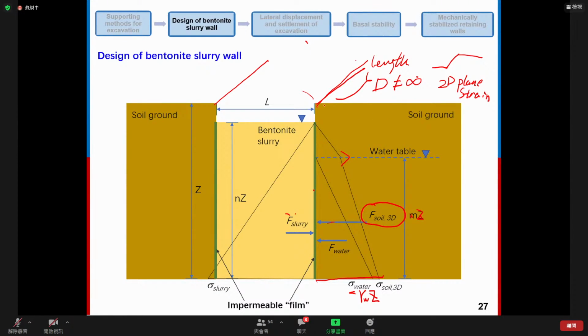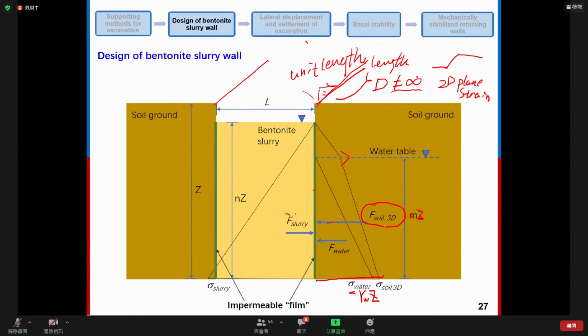So in this condition, we can take the unit length. We can consider this one equal to 1 and do the analysis. However, for the excavation problem, this one cannot be treated as plane strain condition. It's actually a 3D situation.